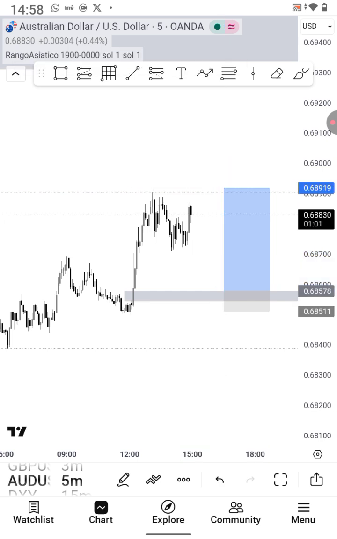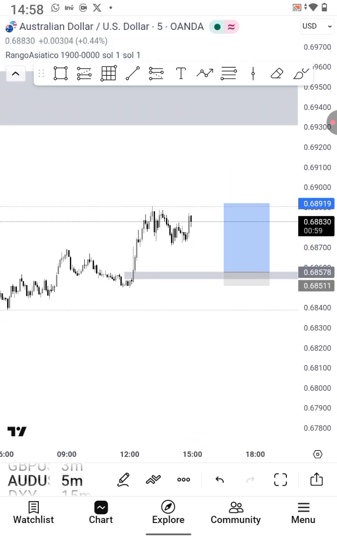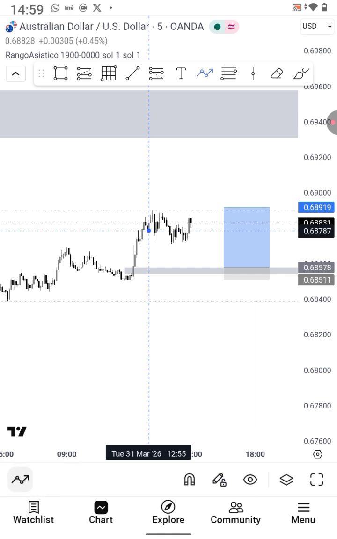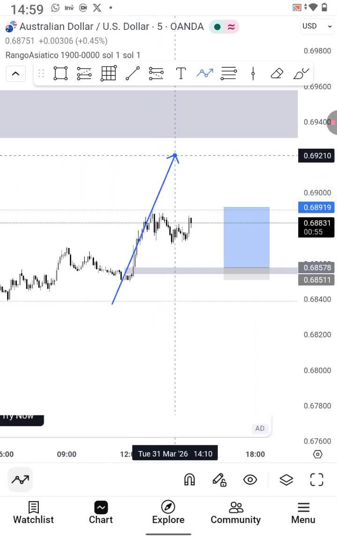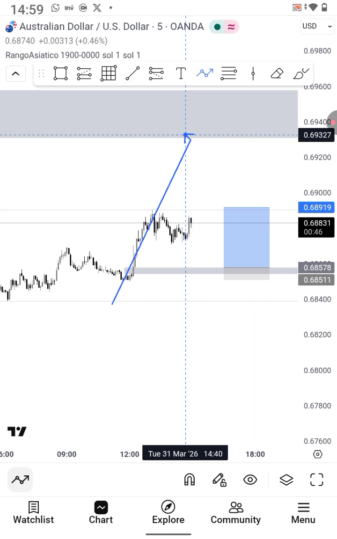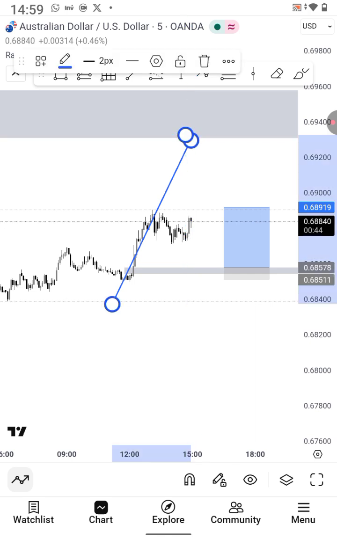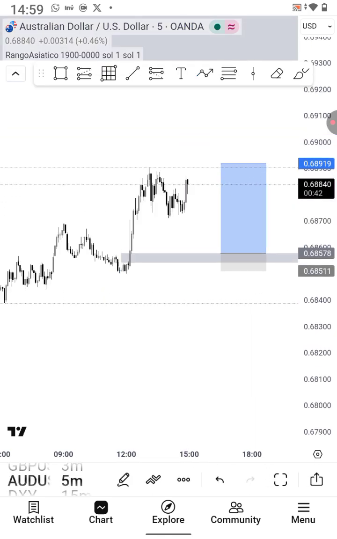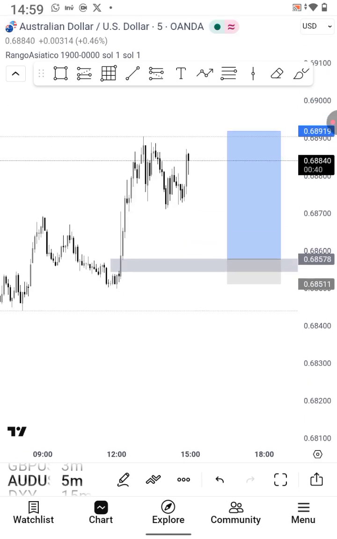Now my area of interest for a sell is this area here. From the 1 hour time frame that we saw, that's where I'm expecting price to come before I start considering a sell. So this thing is simple. What I'm doing here is just simple market structure.